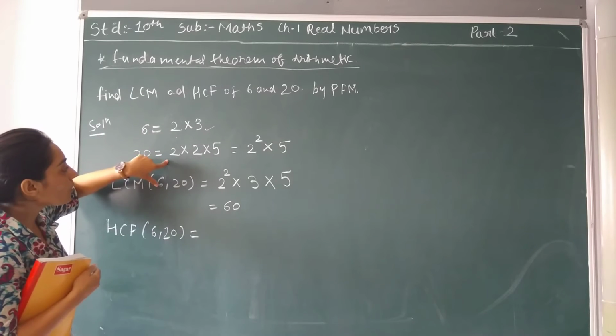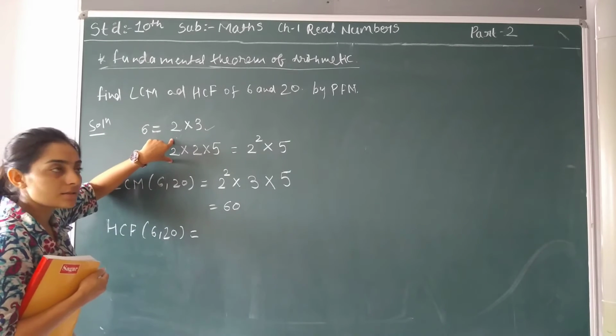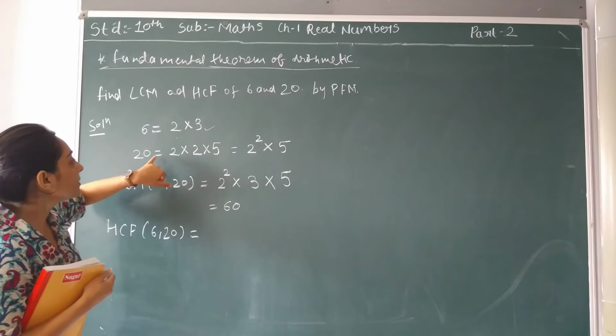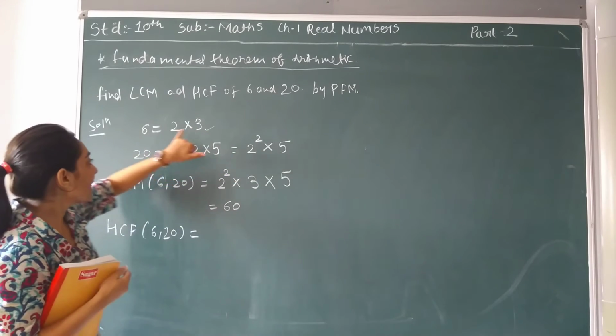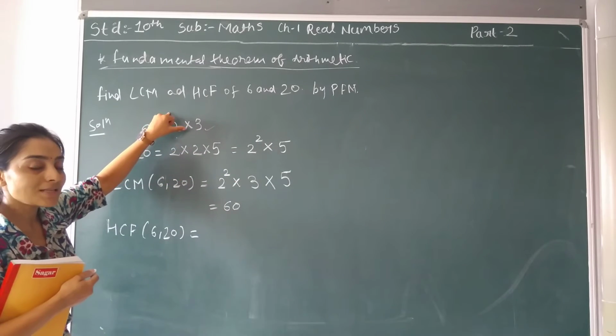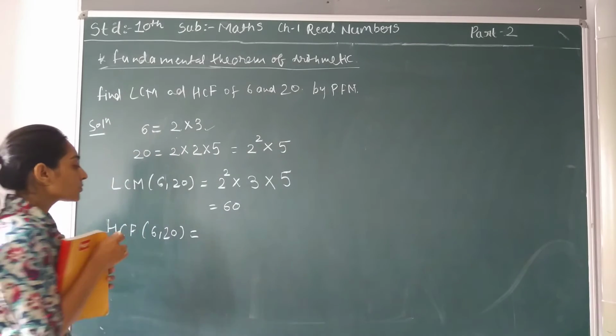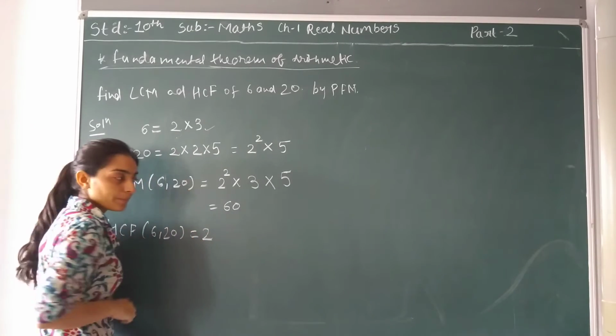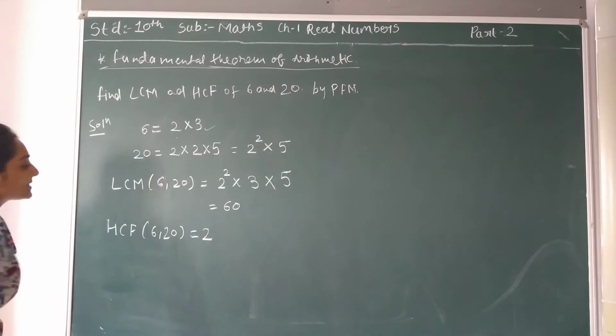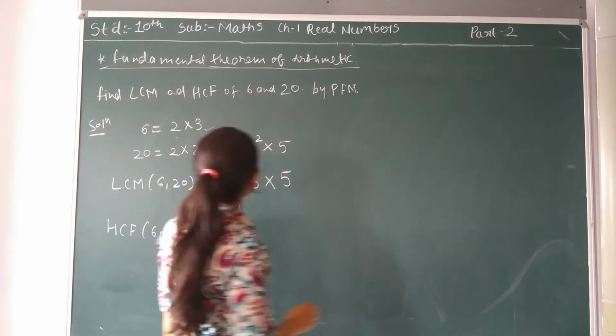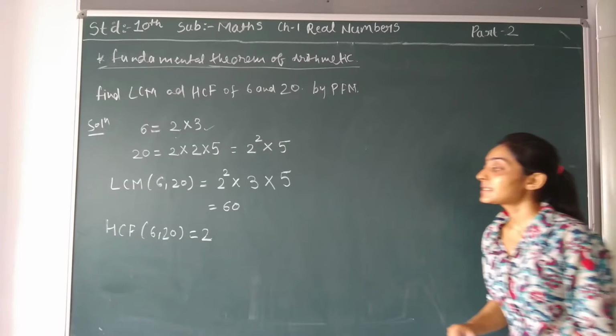So 2 is common, only the 2 is common. Here the power of 2 is 2 and here the power is 1. So which one is the least? In 6 it is 1. So we are going to take 2. Okay, so this is the HCF and LCM of 20 and 6.